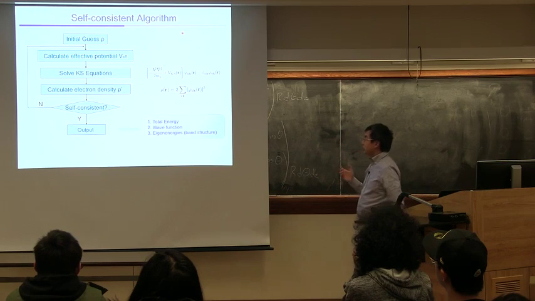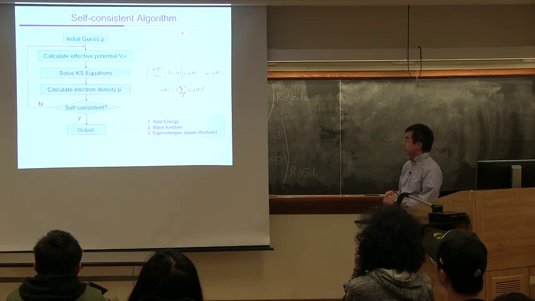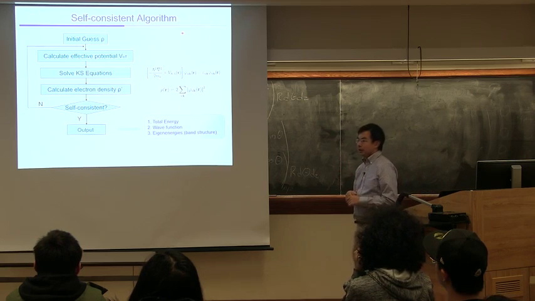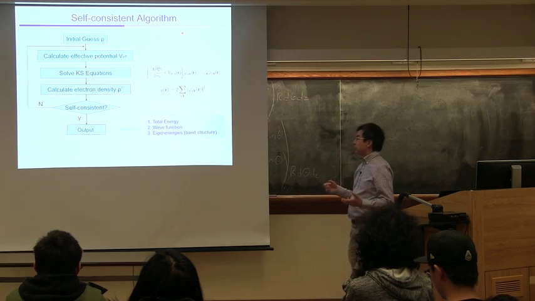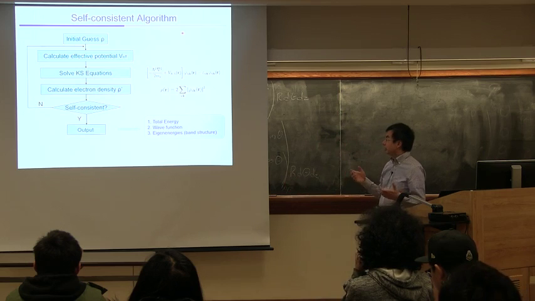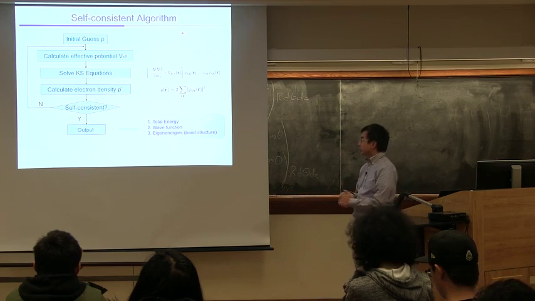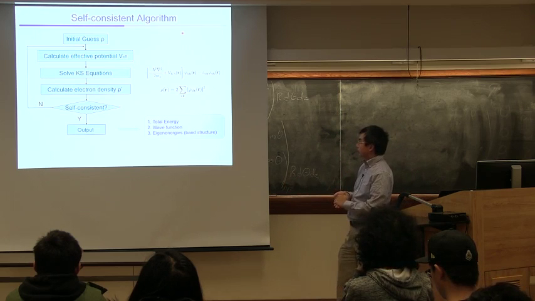So we need to have an initial condition. We need to initially guess some density, based on, although you have a periodic system, some knowledge about the orbitals, right? So we start with some guess of the density of electrons.